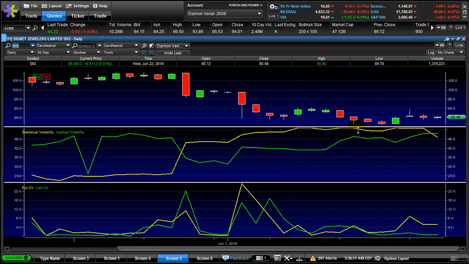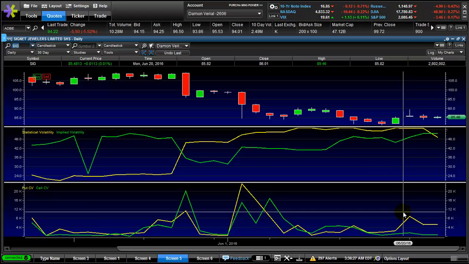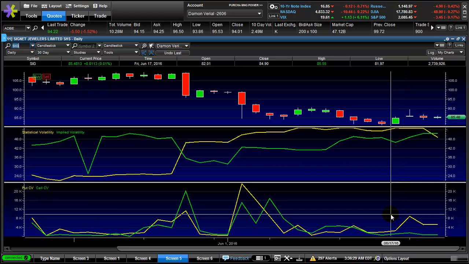And which direction it's going to move is typically defined as whether the put volume is higher than the call volume or vice versa. Remember, these are all reflecting some sort of expectation of options investors or actual insider information.